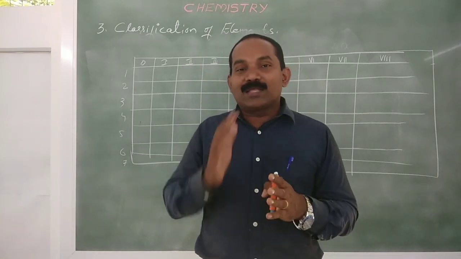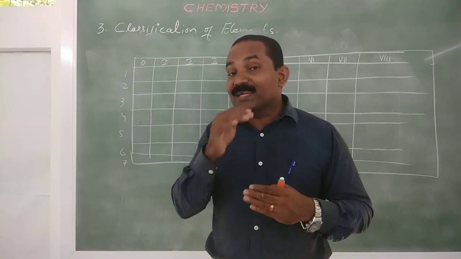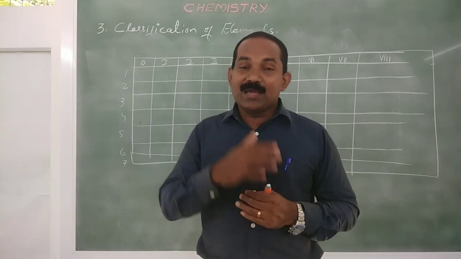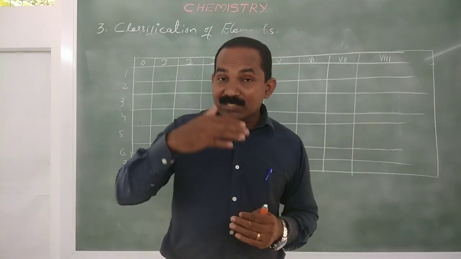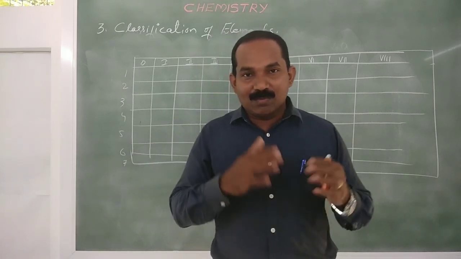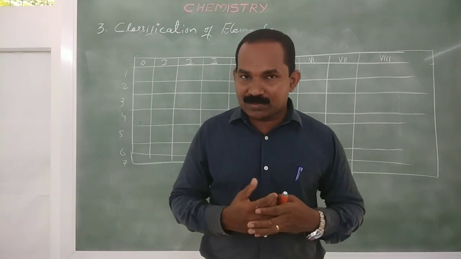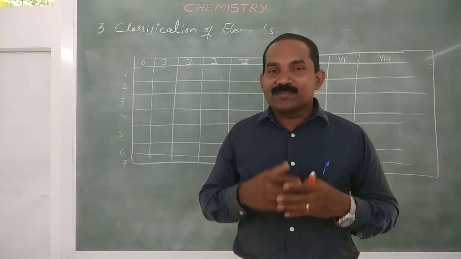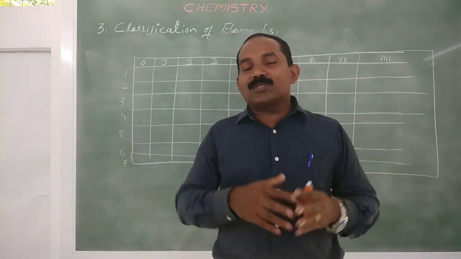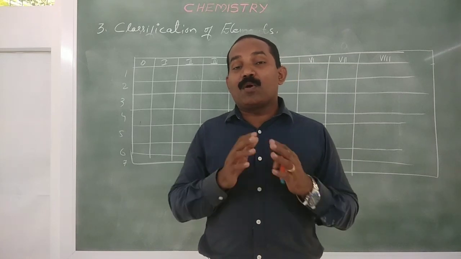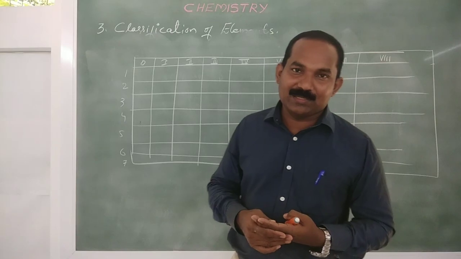Then after their discovery, in 1913, Henry Moseley, an English scientist, and co-workers developed a periodic table known as the modern periodic table. The discussion of the modern periodic table we will do in the next section. Thank you.